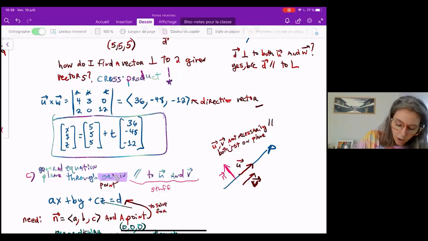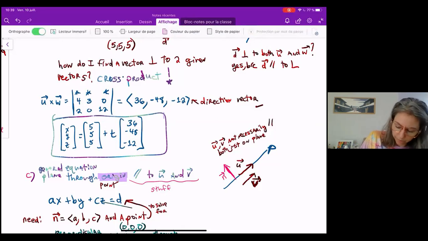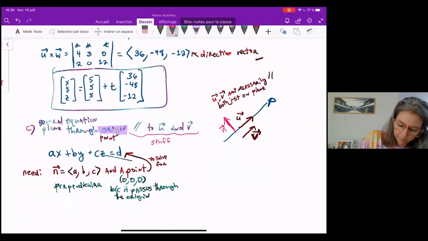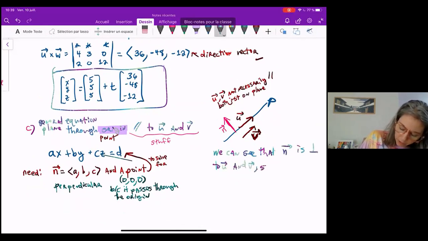So we can see from the picture that the normal vector is perpendicular to U and V. So do the cross product.